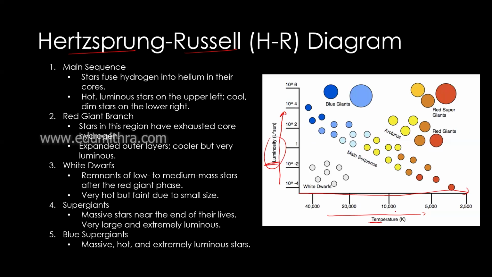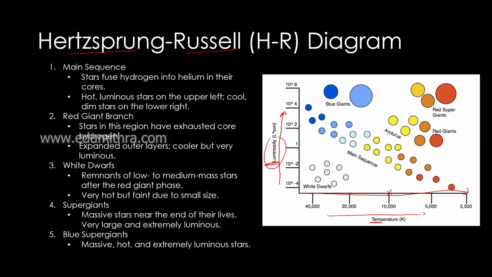Now scientists observe a star and measure its luminosity and its temperature. Suppose it has some 10,000 Kelvin and 10 to the power 2 luminosity. 10 to the power 2 means 100 times the sun's luminosity.